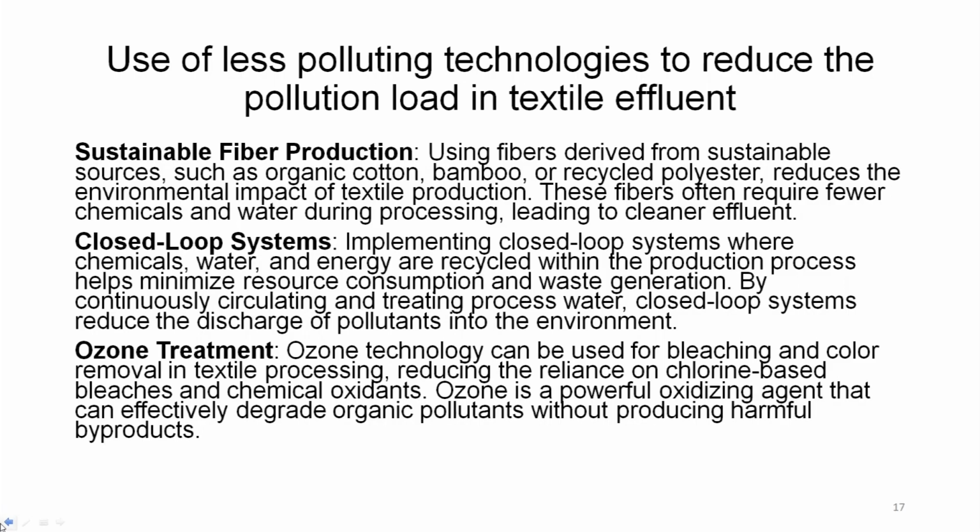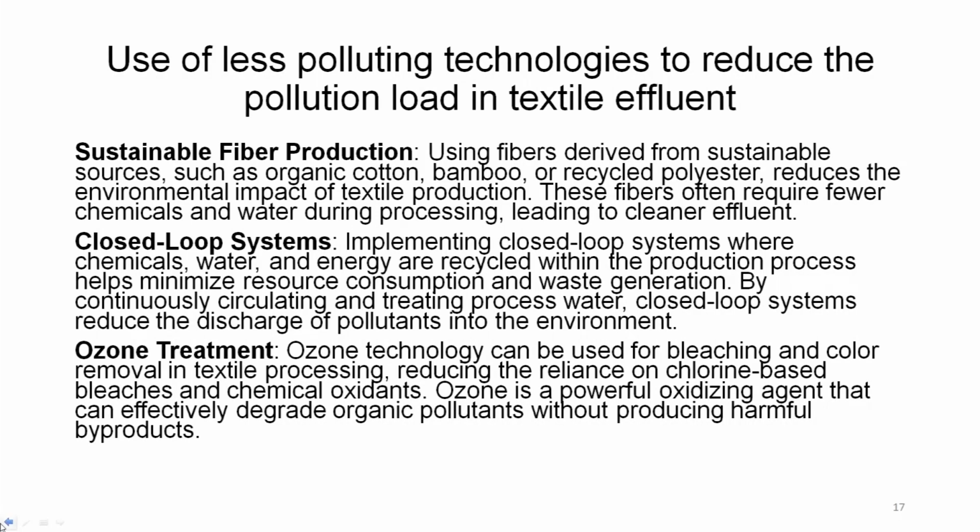So, if we look at some of these latest fibers that have been brought into the market, such as organic cotton, bamboo and recycled polyester, they reduce the environmental impact of textile production.